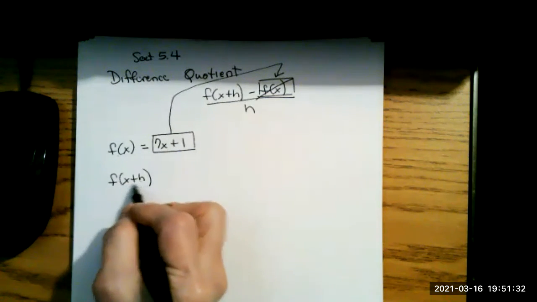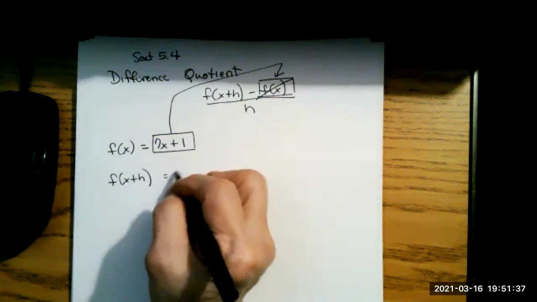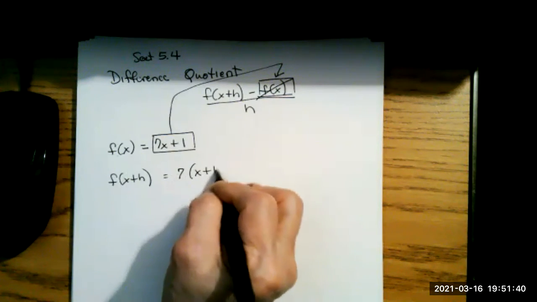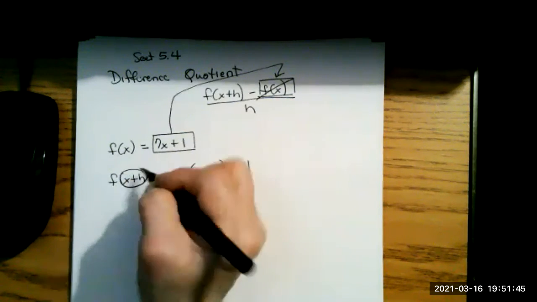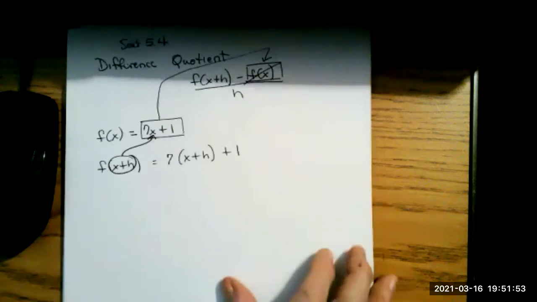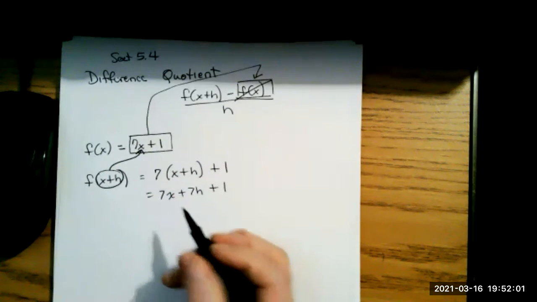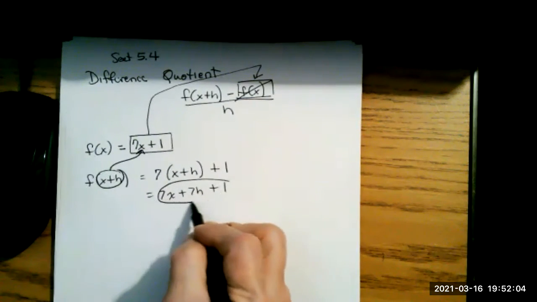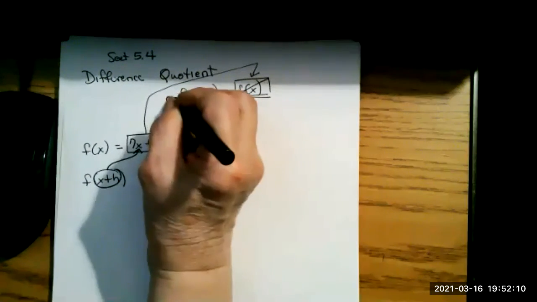That means I'm going to take the x plus h and put it in the x spot right there. So it's going to say 7 times x plus h plus 1. Okay, that is 7x plus 7h plus 1. And I'm going to put a circle around it because it's different from the f of x. And I'm going to put this in that spot right there.